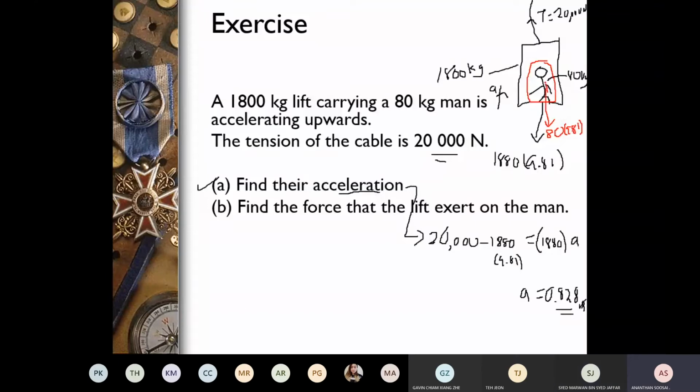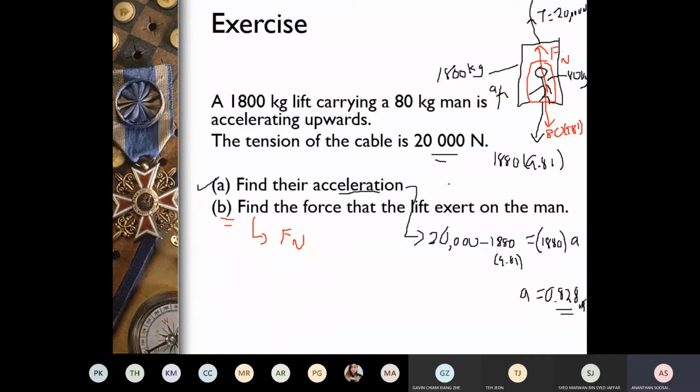What force is acting up? The normal reaction. Part B is actually asking for the normal reaction. The force that the lift exerts on the man is the normal reaction, the reaction by the floor, because the person pressing the floor gives the normal reaction.